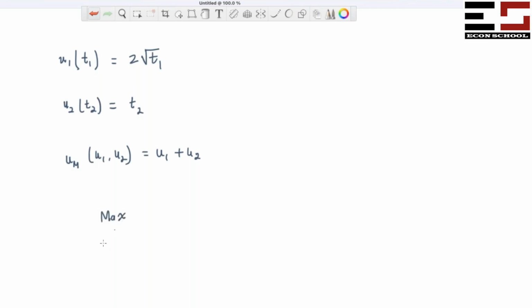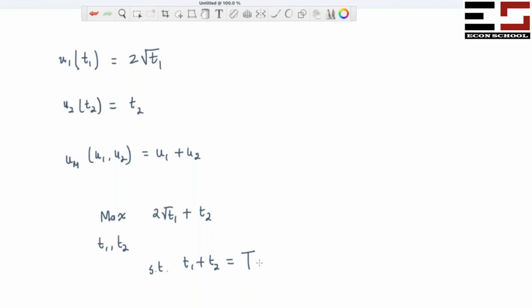The mother wants to maximize her own utility, which is the sum of the utility of the children. So maximize with respect to t1 and t2, 2 root t1 plus t2. Fine, because that's the sum of the utilities, subject to the constraint that of course there's a limited time that the mother has, t1 plus t2.